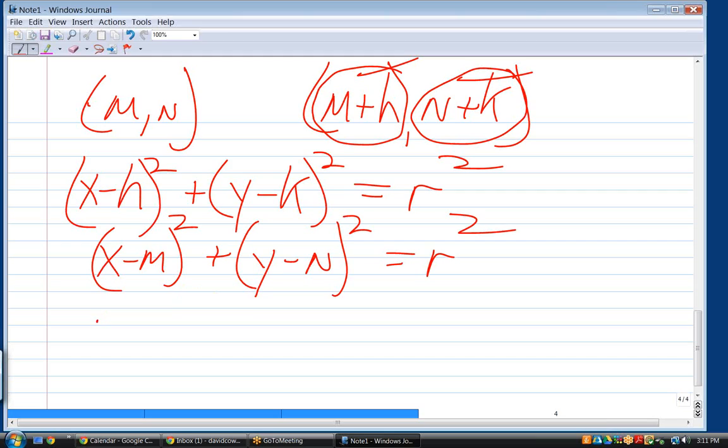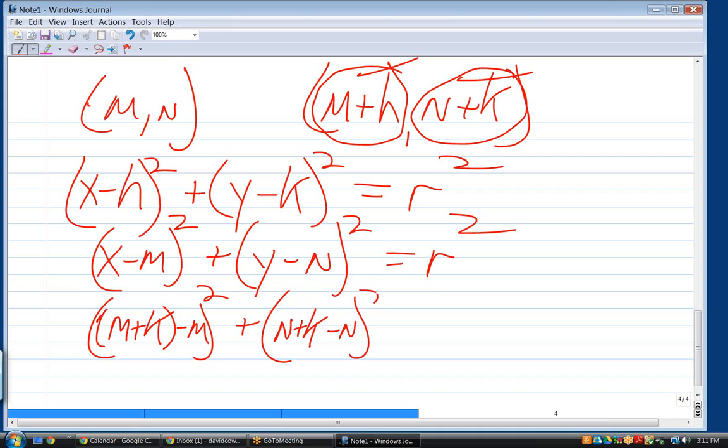Okay, so you with me? Yep. What's the rest of it? (n plus k minus n) squared. Now simplify. What is this quantity here going to be? (m squared plus k squared).